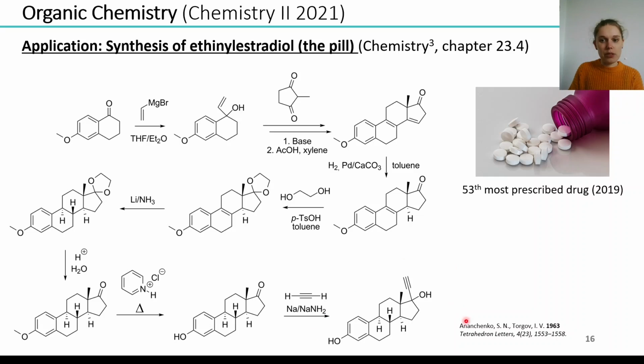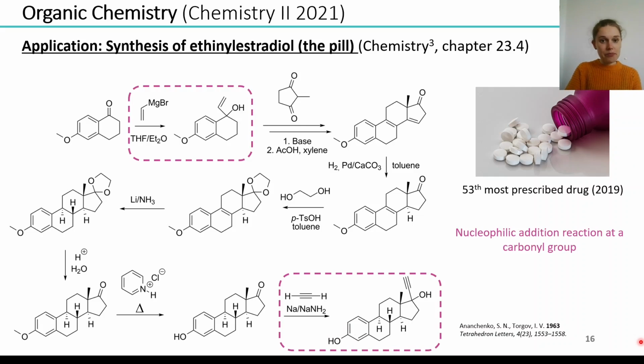And this final product is called ethinylestradiol. And this name already indicates the main functional groups. Ethinyl, as we have an alkyne component, estra, as we have a steroid structure here, the 4 rings, and diol, as we have 2 times an alcohol group here in the molecule.